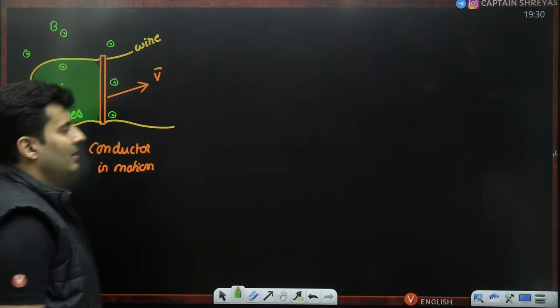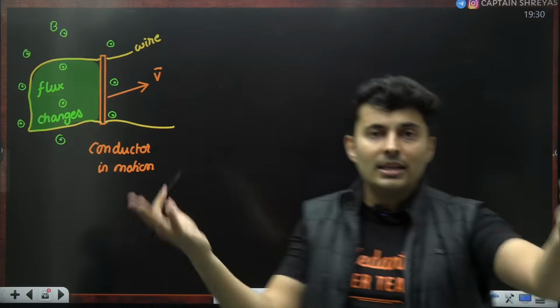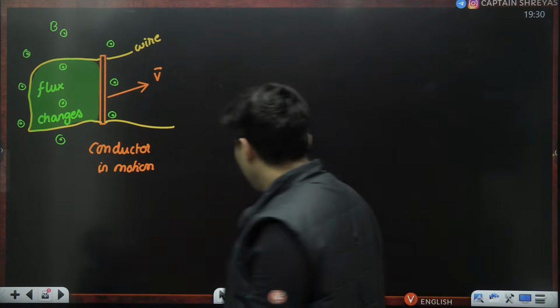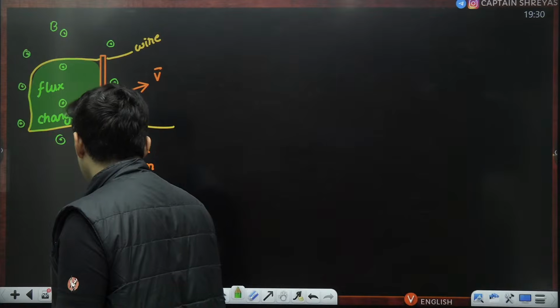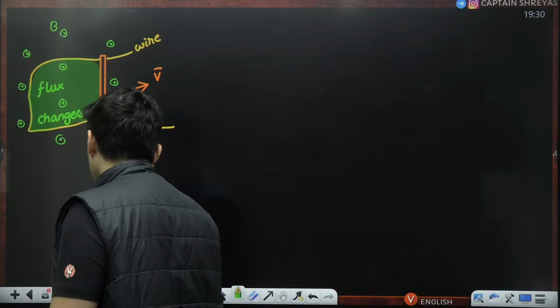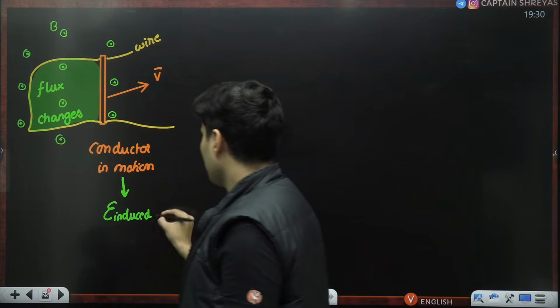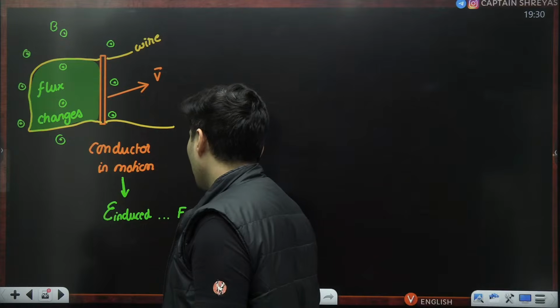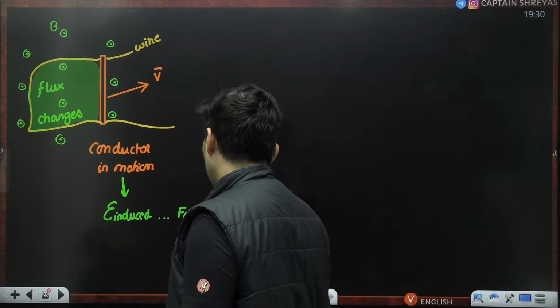And as a result, what should happen if the flux through a coil changes? Obviously, EMF should be created. So definitely the conductor in motion has created induced EMF. It has definitely created induced EMF by Faraday's law. Perfect.